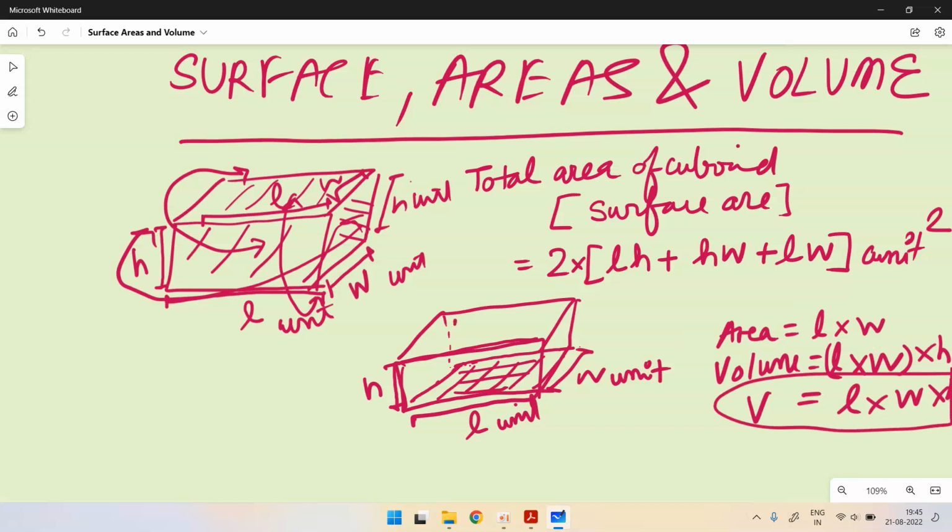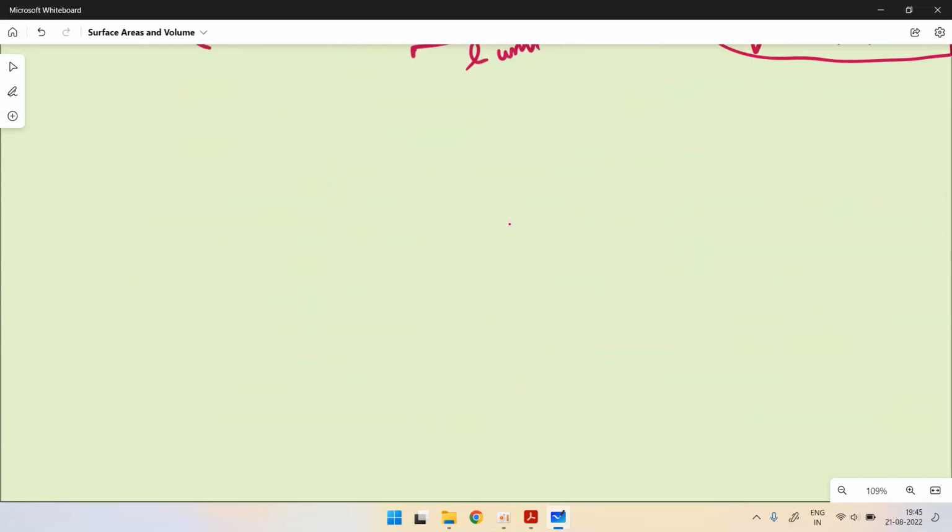Suppose you want to take this as the area, this area is H into W. You want to extend this up to L, then it is HWL, which is the same as LWH. This was about the cuboid.